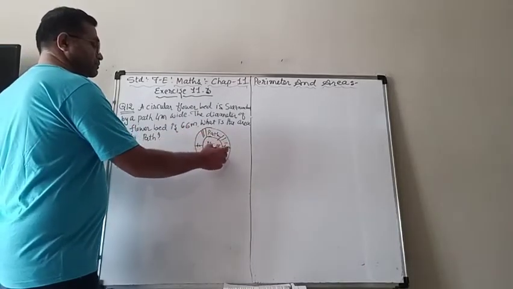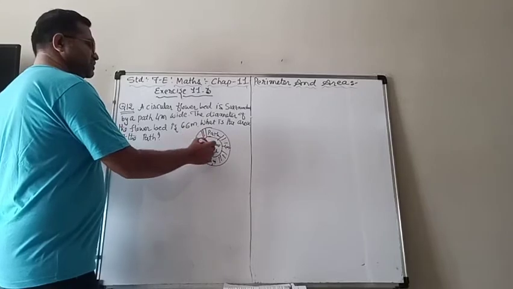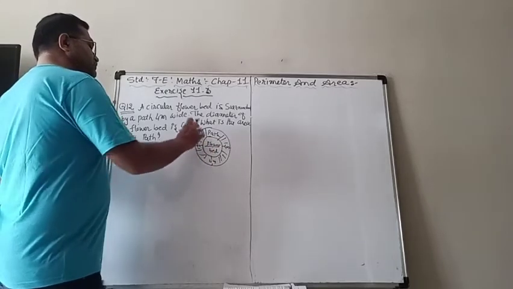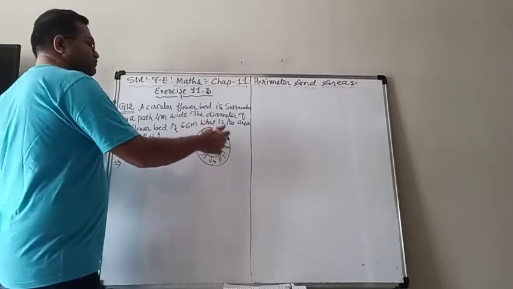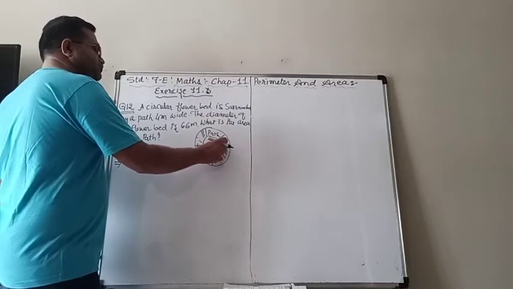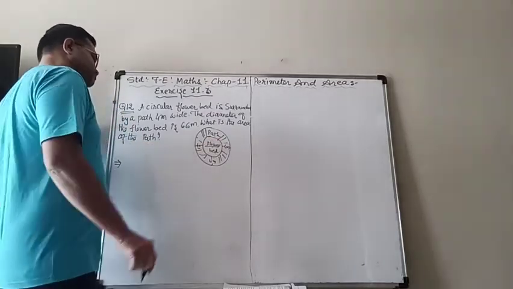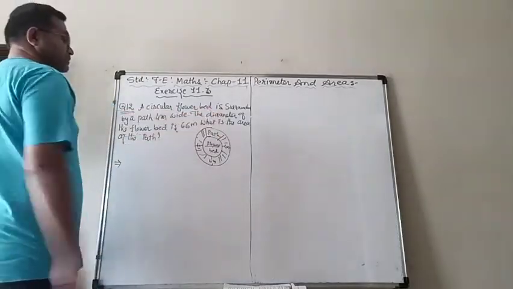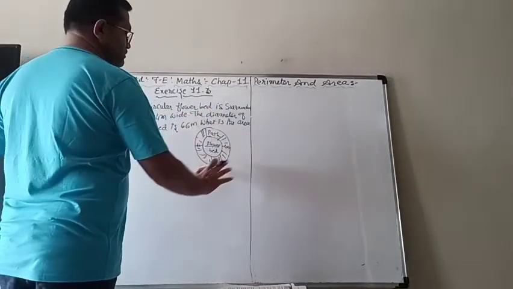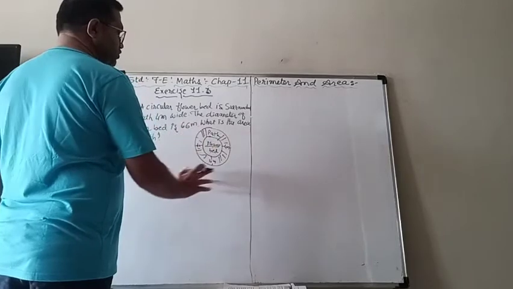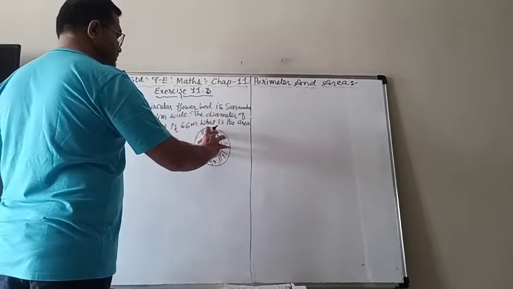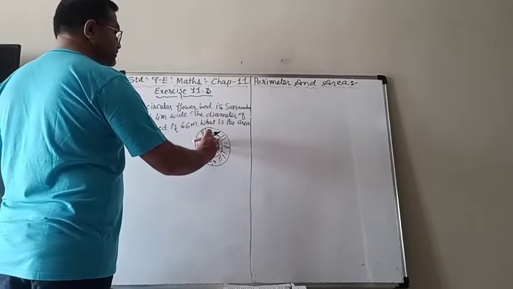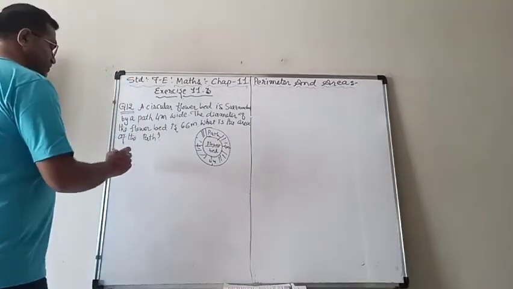So here inside it is a flower bed which is surrounded by the path whose width is 4 meter, and we have to find the area of that path. For that, what we have to do? We have to find the total area along with path and only flower bed.